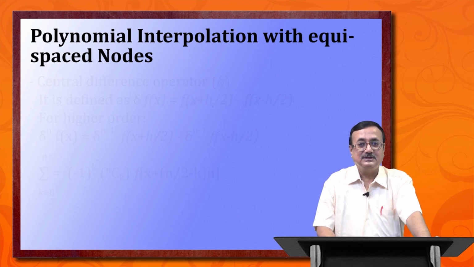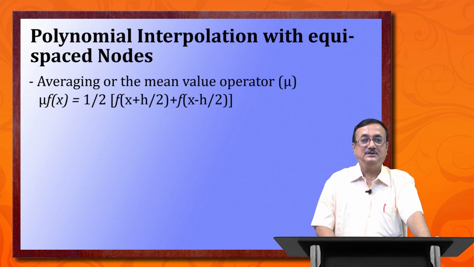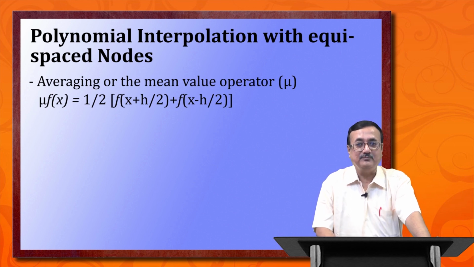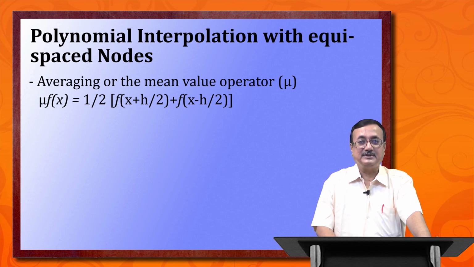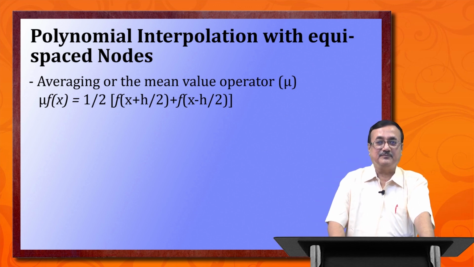Now we consider the averaging operator or mean value operator mu. Mu operated on f(x) gives us the average of f(x plus h by 2) and f(x minus h by 2), that is half of f(x plus h by 2) plus f(x minus h by 2). This is the averaging operator.